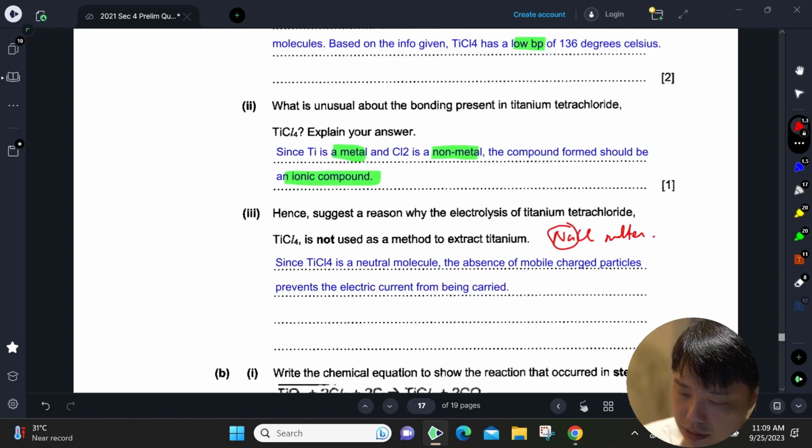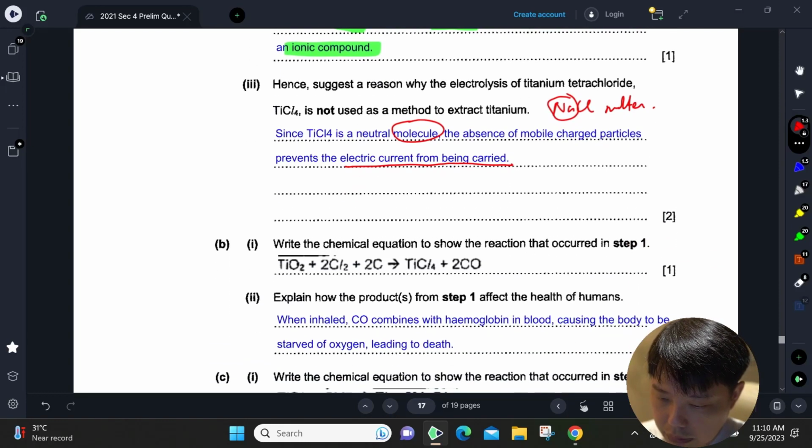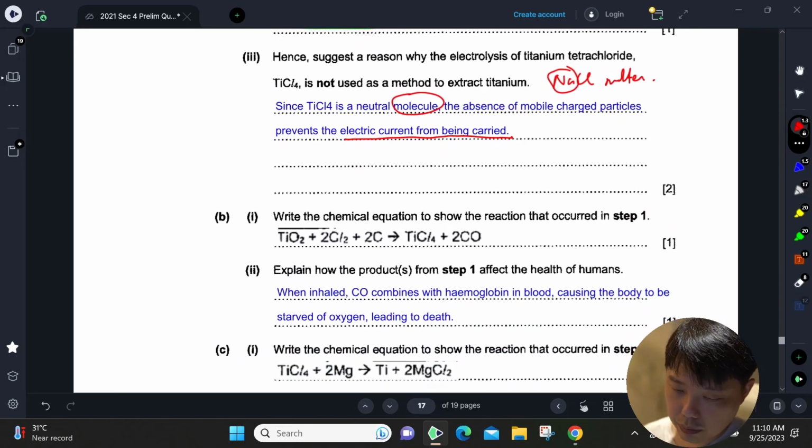But here, since it is a molecule, it's neutral, not charged, so we cannot use electrolysis, since there is nothing to carry the current, the electrical charges, so that you can discharge the metal out. So this only works for ionic compounds.